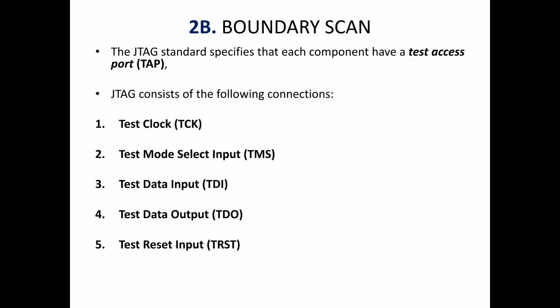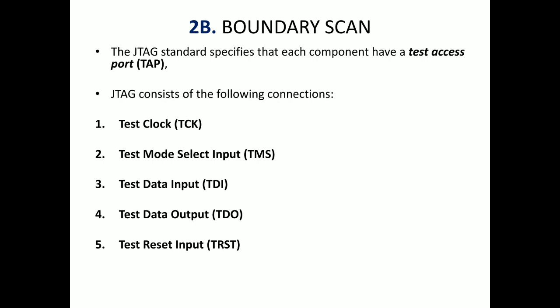The JTAG has a few signal connections which help in testing the ICs. The JTAG standard specifies that each component have a test access port, TAP, which is a way to establish connections between the IC and the JTAG hardware.